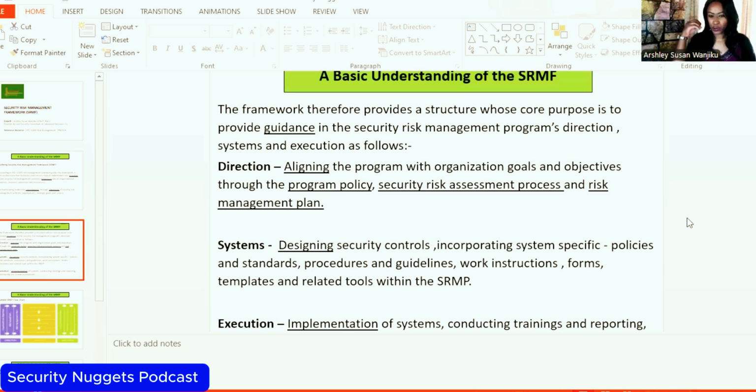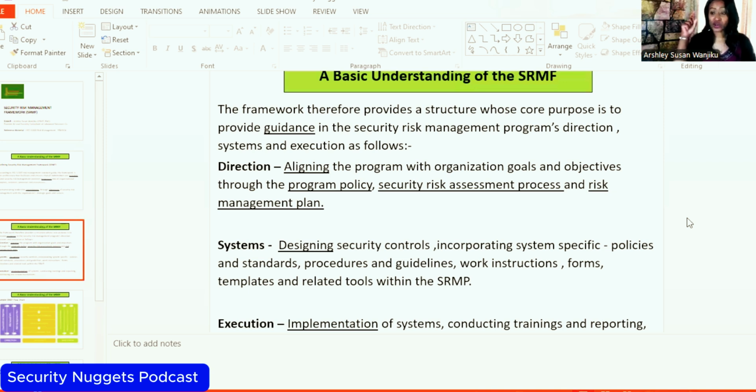Under direction, we also have the security risk assessment process. It is through the security risk assessment process that the organization is going to be able to better identify its target risks and the potential impact those risks could have on its critical assets and processes, and therefore on its operational continuity.